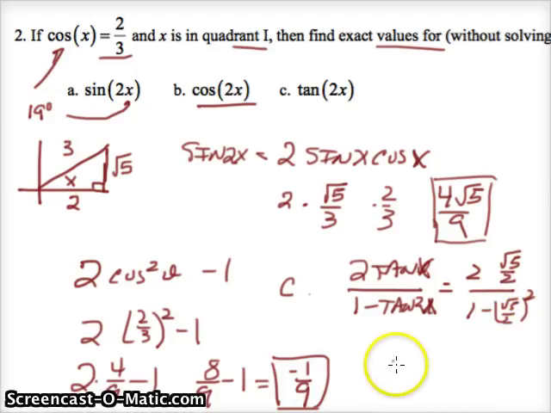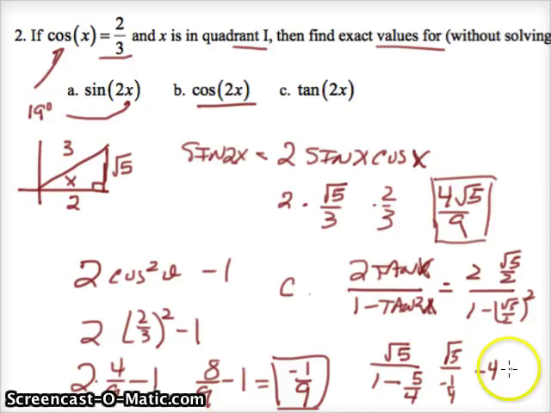Okay, let's simplify that. Of course, the top's just going to be radical 5 over 1 minus, well, radical 5/2 squared is just 5/4. And let's see, that's just negative 1/4. That's negative 1/4 here. So it's going to be negative 4 radical 5. Negative 4 radical 5. Okay.